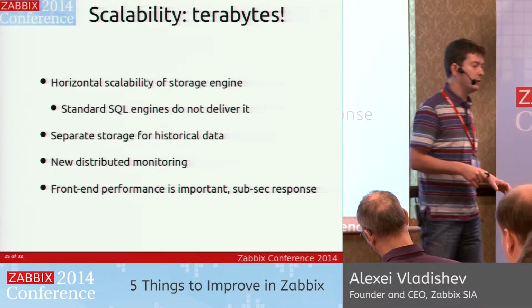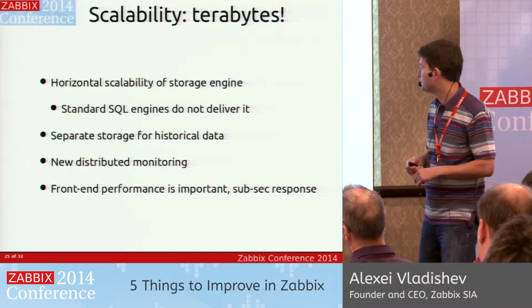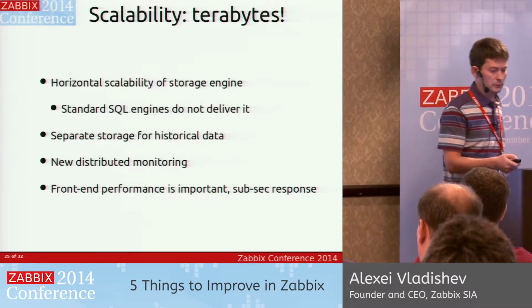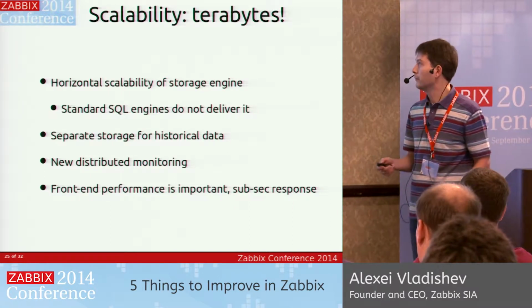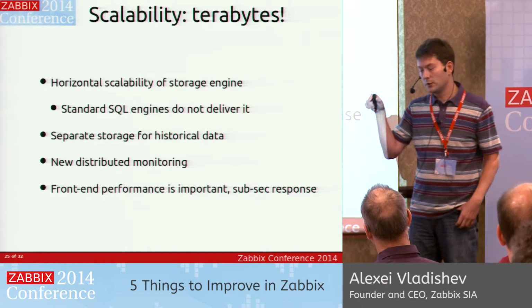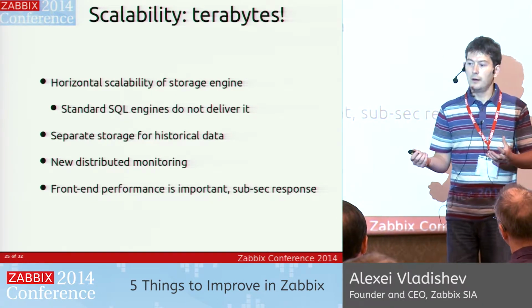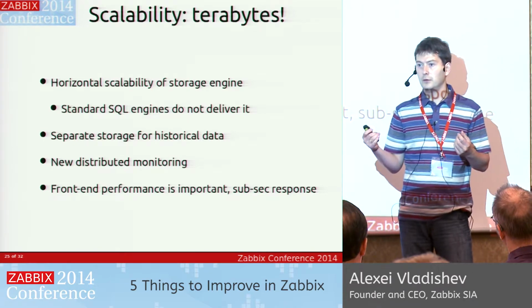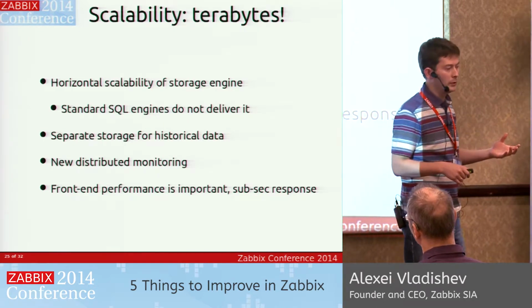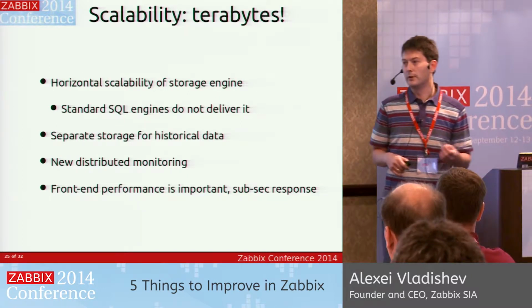But still, it's very nice to have horizontal scalability in the storage engine. And frontend performance is important. Of course, we can scale to terabytes, which means we may store terabytes of information, but another challenge is to process this data. You go to Zabbix, you want to see some report, and you'd like this report to be generated very, very fast.